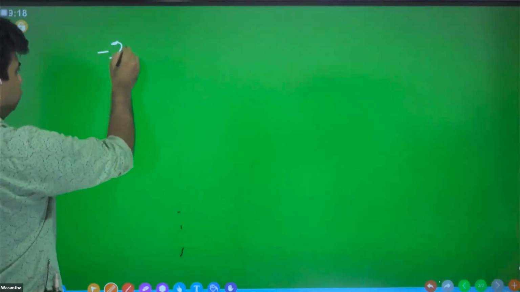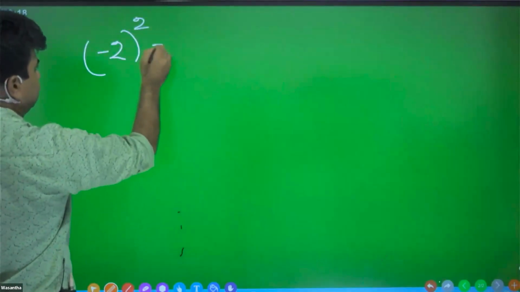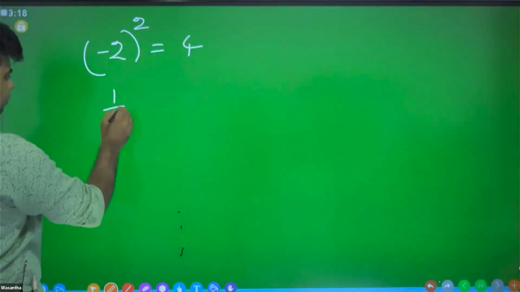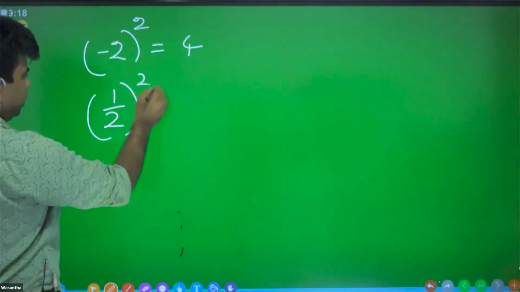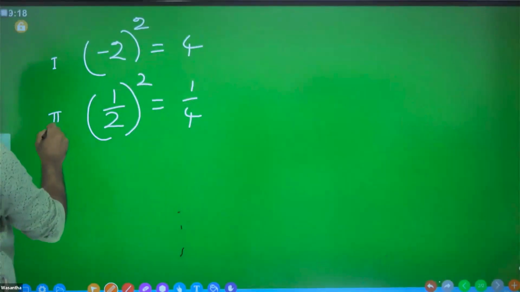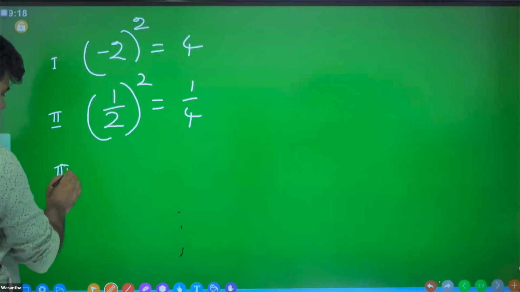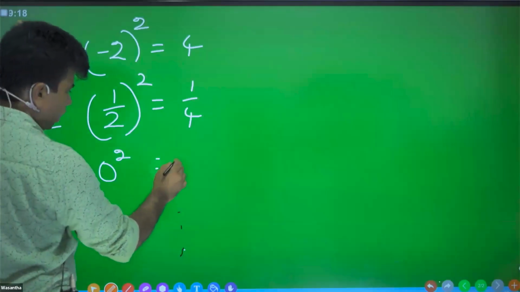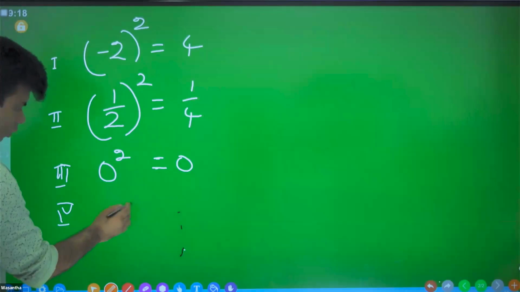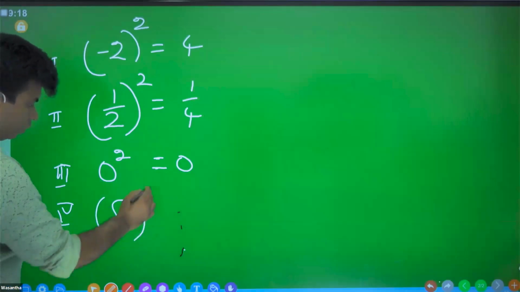Now see here. Minus 2 squared is plus 4. Half squared is 1 over 4. 0 squared is 0. Root 3 squared is just 3.